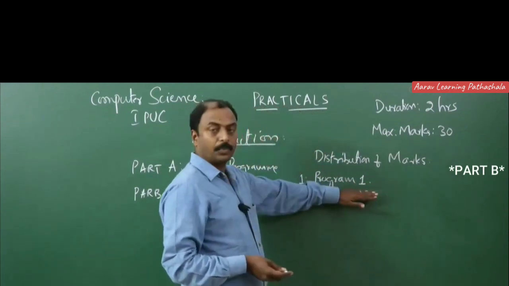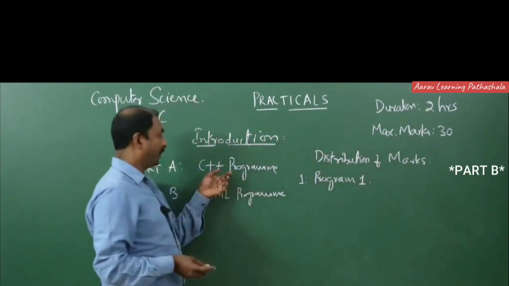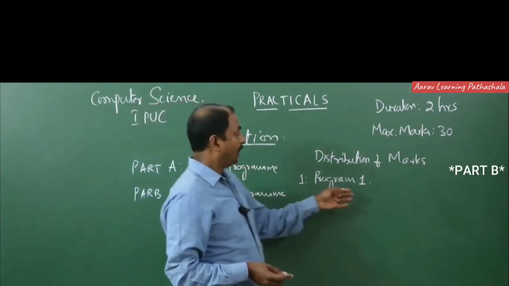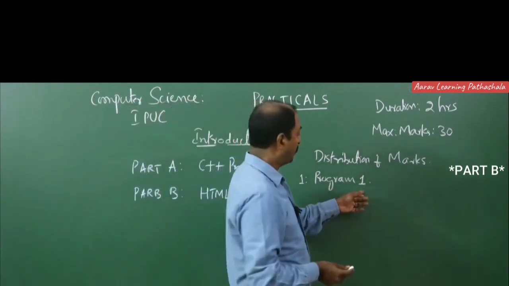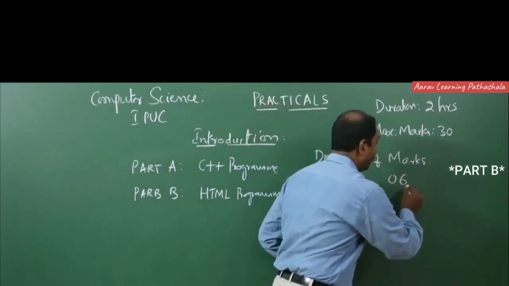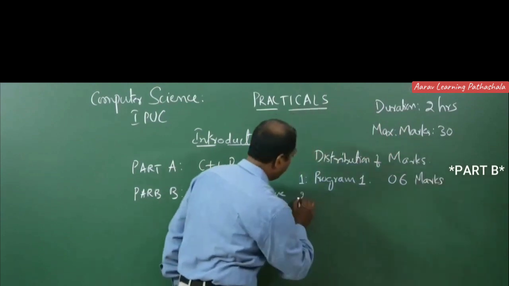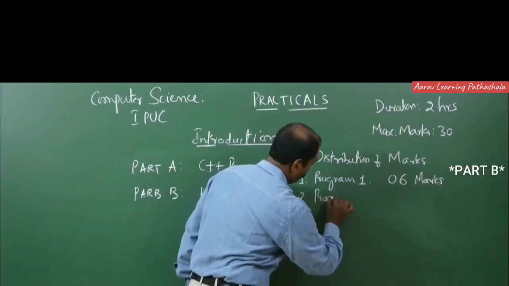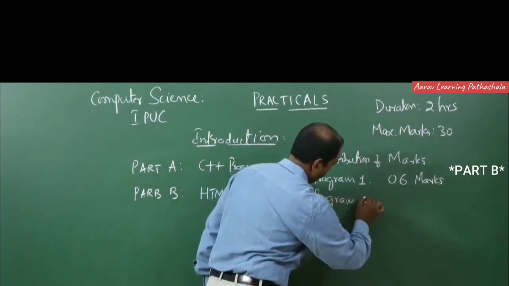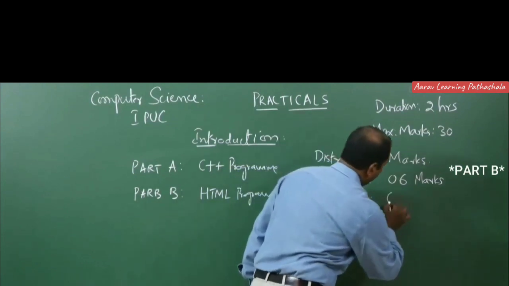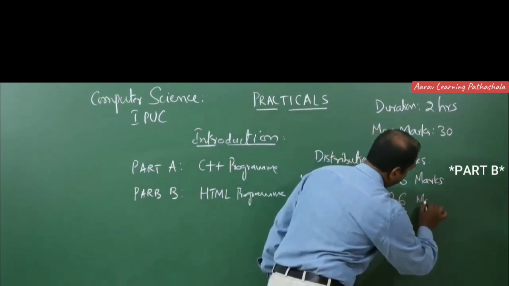The student has to write both the programs, one from part A and one from part B. Writing a program in the answer booklet, it carries 6 marks. And program 2, again 6 marks.